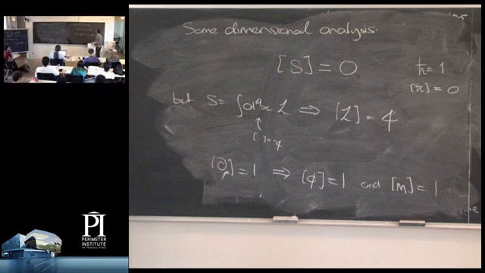So finally, we get to the interesting point. What are the dimensions of these coupling constants lambda n here? Well, we've got n of these phi's, and adding this has to give 4. So the dimension of lambda n is 4 minus n.